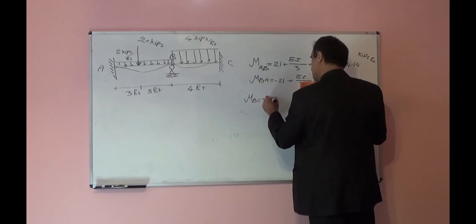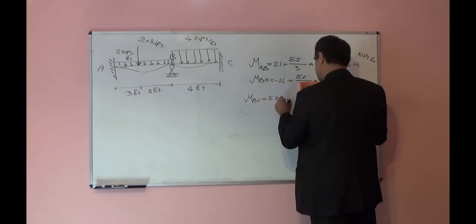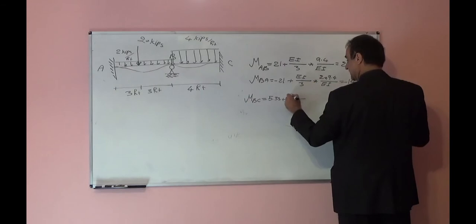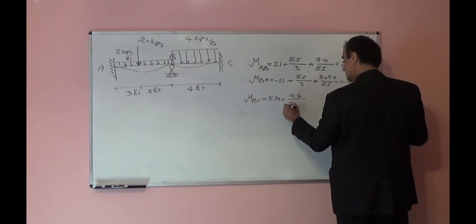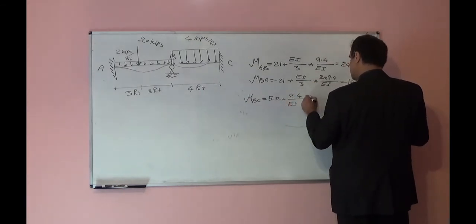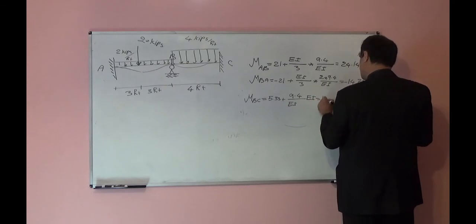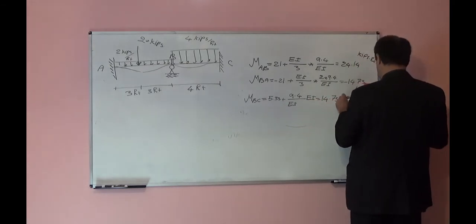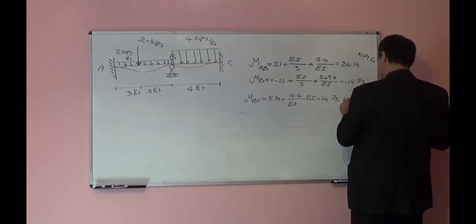MBC will be 5.33 plus 9.4 over EI times EI. That will be 14.73 kips feet.